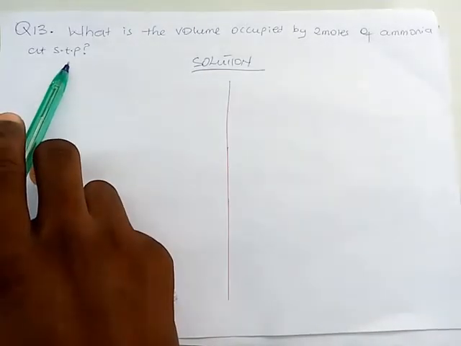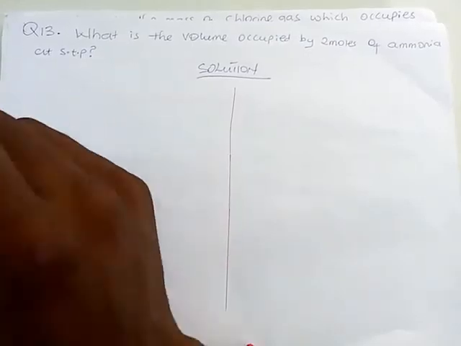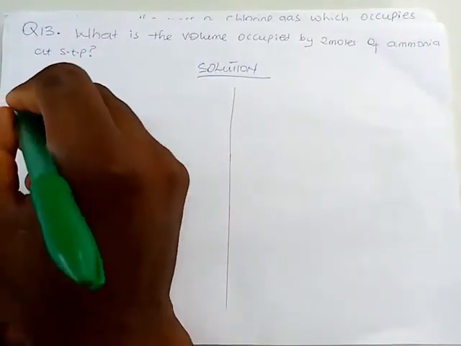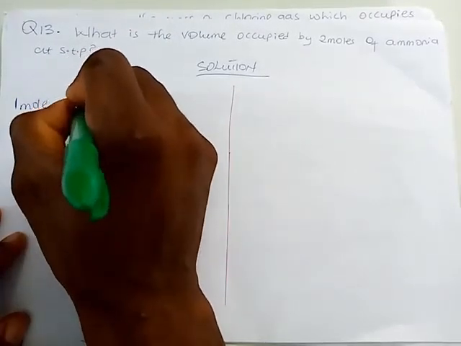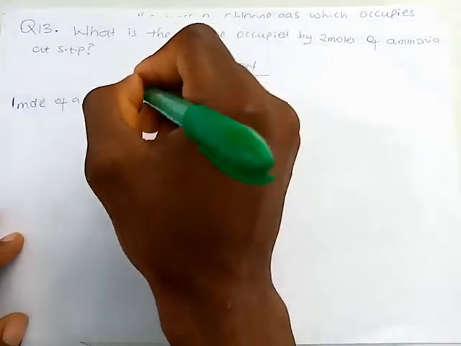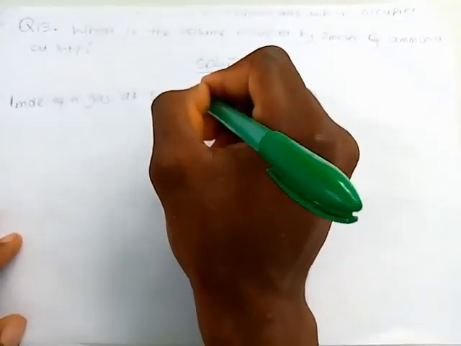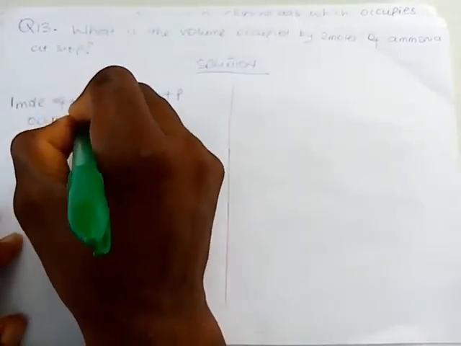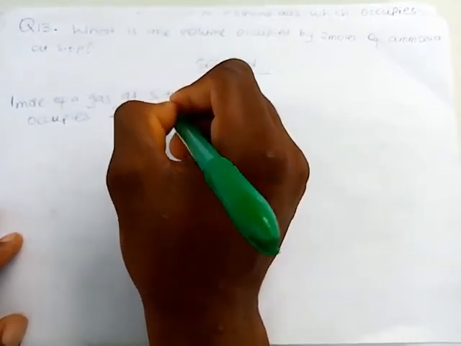Owing to the fact that standard temperature and pressure was mentioned, by now from that molar volume relation, we know that 1 mole of a gas at standard temperature and pressure occupies 22.4 dm cube.